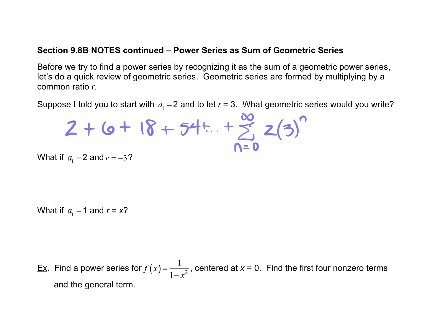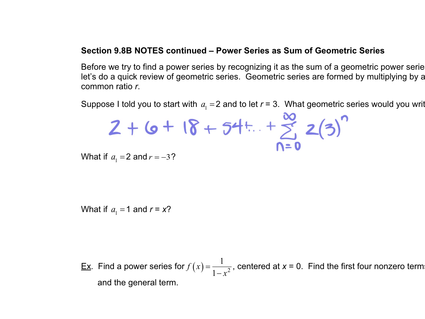How would it change if a sub 1 equaled 2 and r equals negative 3? Same numbers, but what would happen to the series? Alternating. Yes? So a sub 1 is 2. My second term would be negative 6, and then 18, and then negative 54, plus dot, dot, dot.